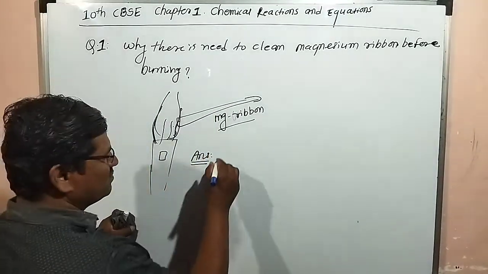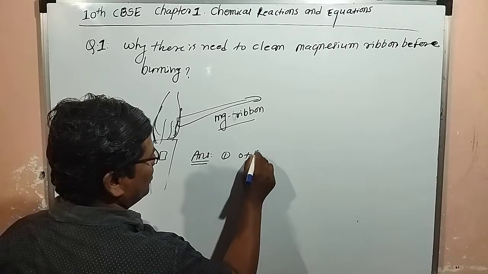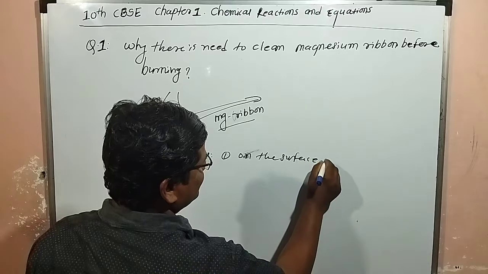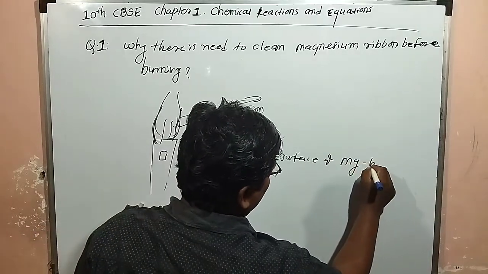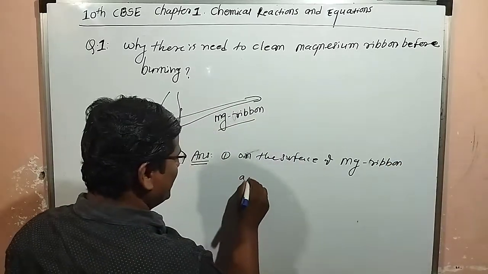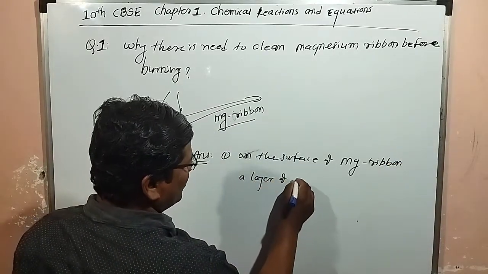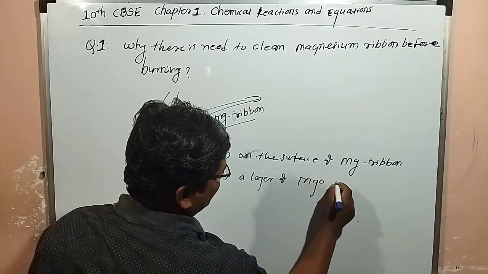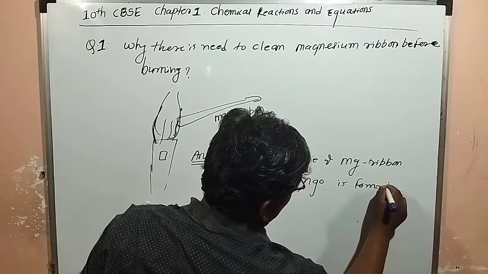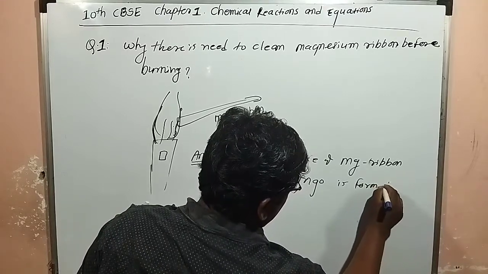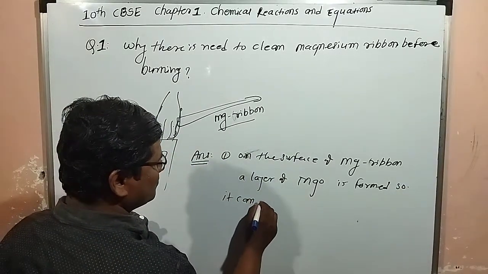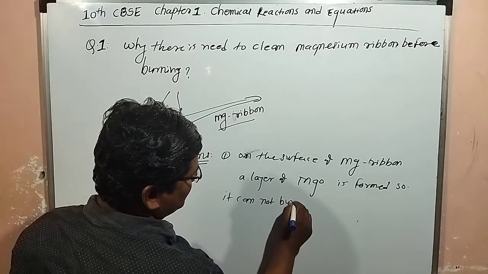On the surface of the Mg ribbon, a layer of MgO is formed. So it cannot burn easily.